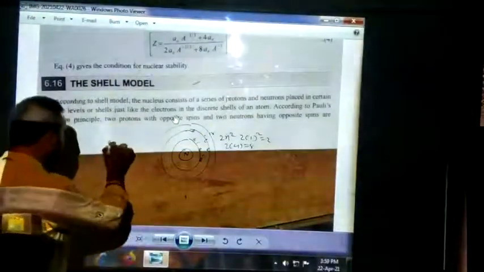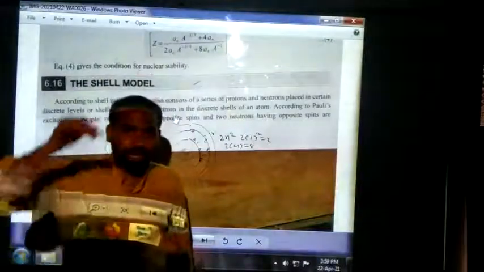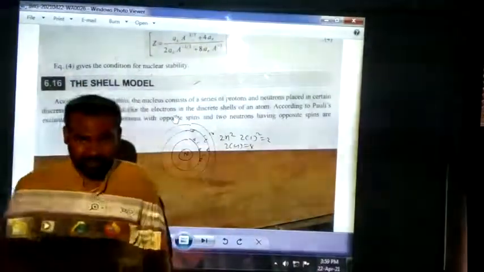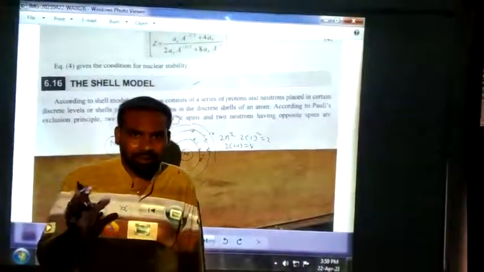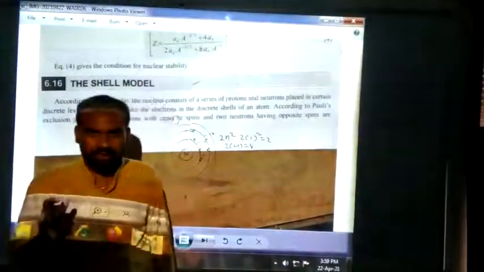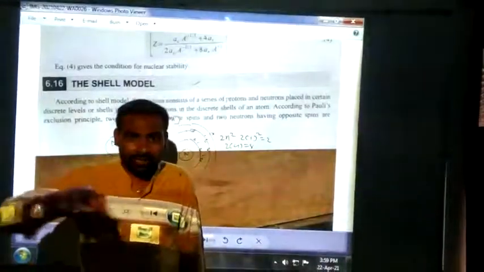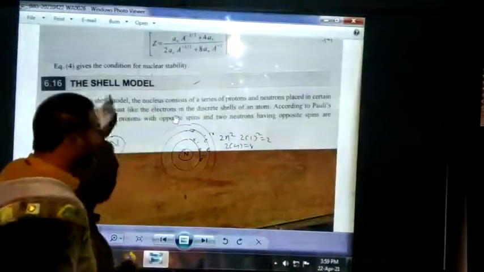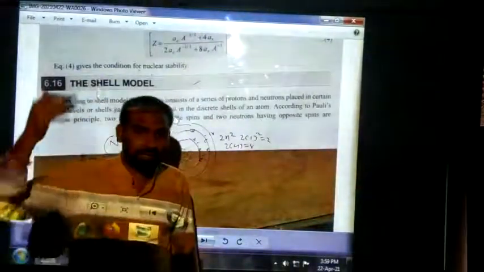In the same way, if you take a nucleus, inside the nucleus we have a discrete series of energy levels similar to that of the atom. Inside the nucleus we have another atom, so to say. You are understanding the point?